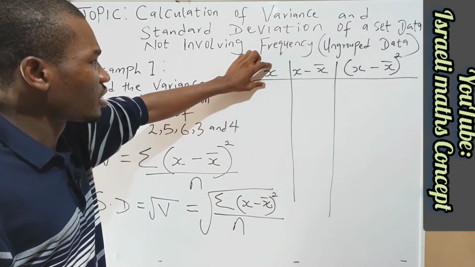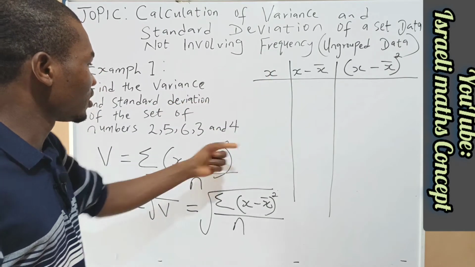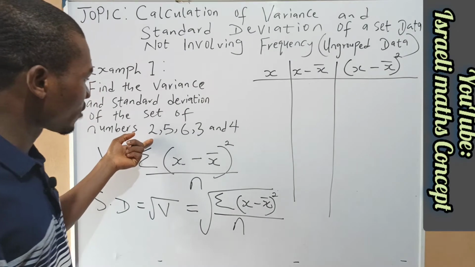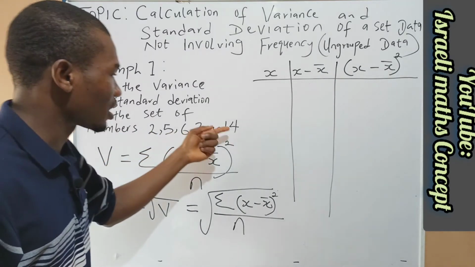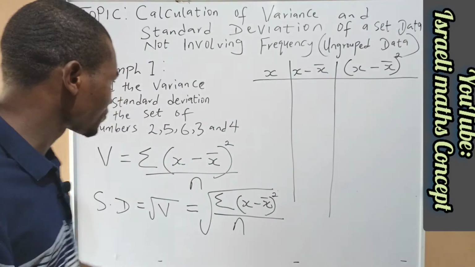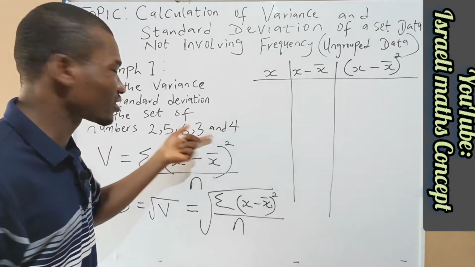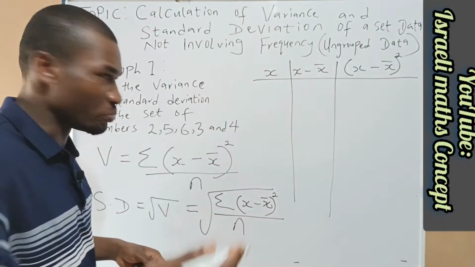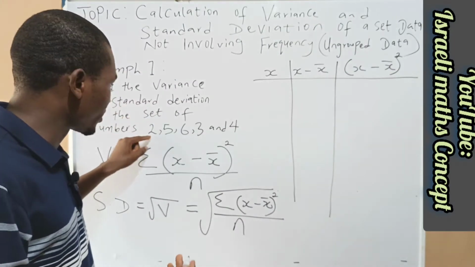All right, coming here, the x are the individual scores we have here. And remember, the individual scores we have here are 2, 5, 6, 3, and 4. That is the x in quotes. But I want to arrange these numbers in ascending order, that is from the smallest to the biggest. And the smallest number here is 2.